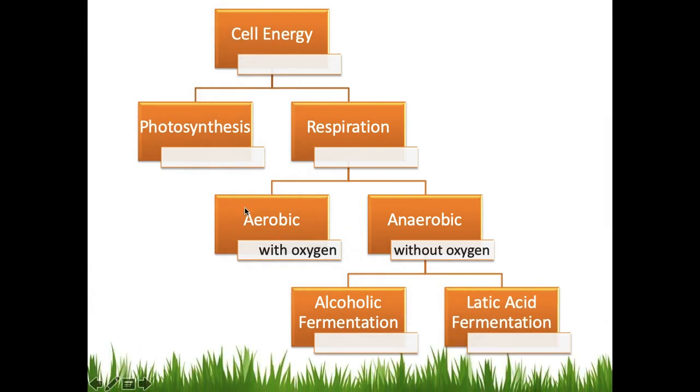With oxygen, we get ATP energy in an aerobic process, and without oxygen in an anaerobic process. Two examples of getting energy without oxygen are alcoholic fermentation, like we talked about today, and lactic acid fermentation. Copy this down into the chart, pause it so that you can copy it properly.